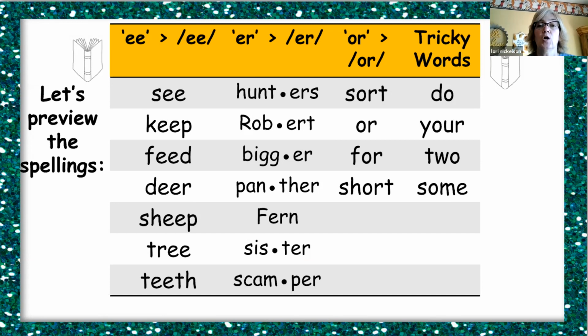We've got the like in hunters, Robert, bigger, panther, fern, sister, scamper. What about the or? Sort, or, for, and short. Our tricky words, do, your, to, and some.